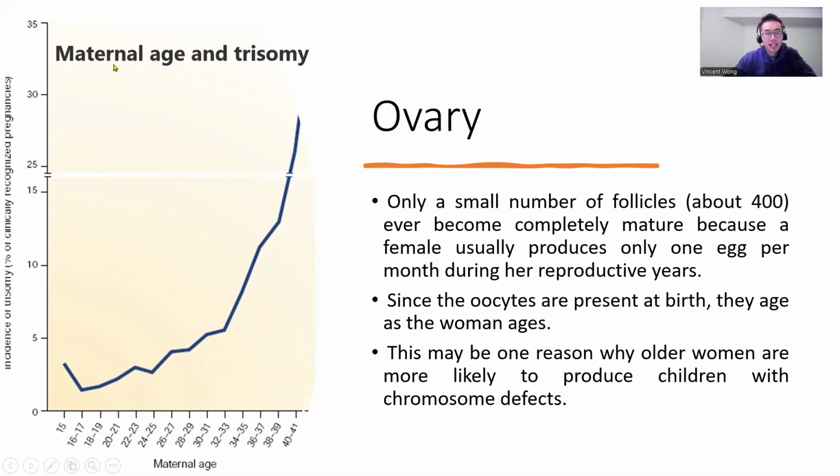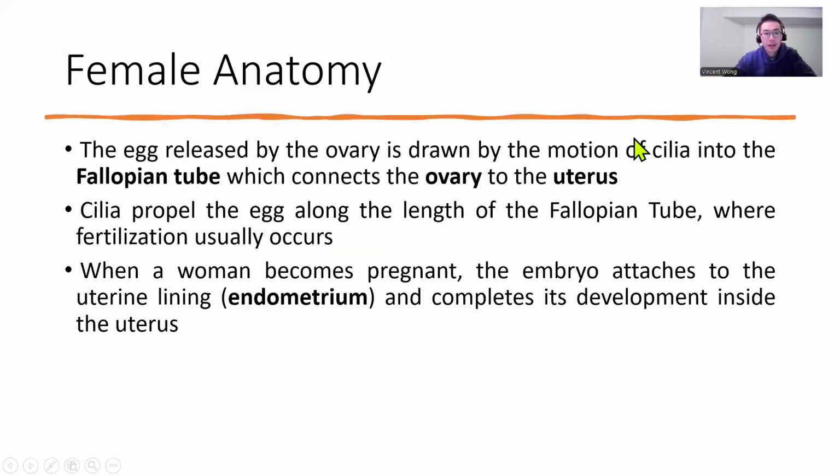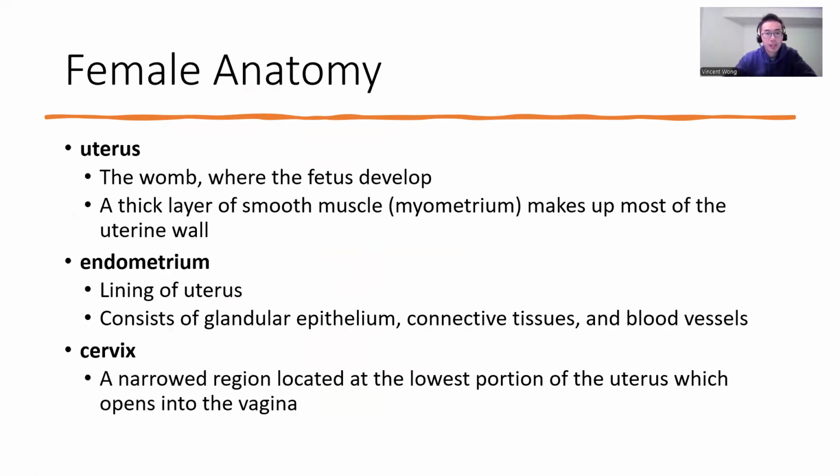So for people who decided to have kids later on in life, the risk of having trisomy is substantially higher compared to earlier on in life. We talked about all these things already. You can just read it over. I'm not going to go through it again. It's pretty much what we wrote on the notes.